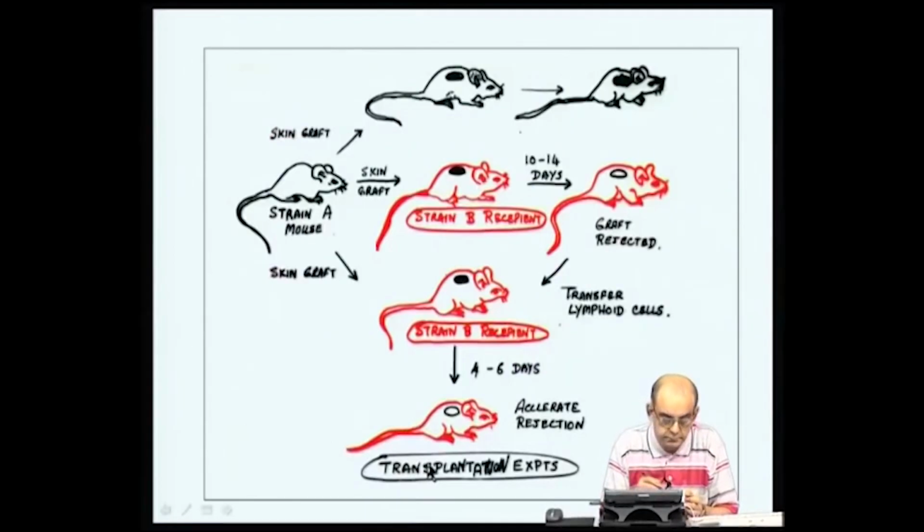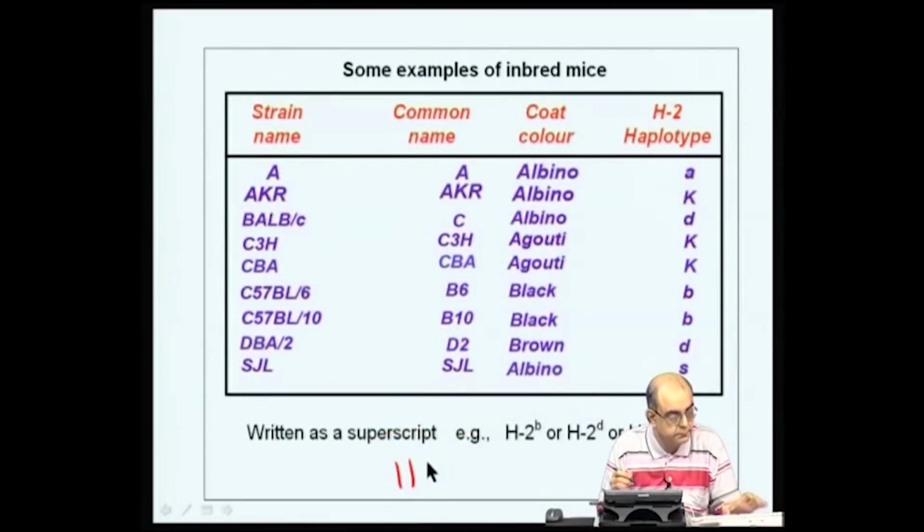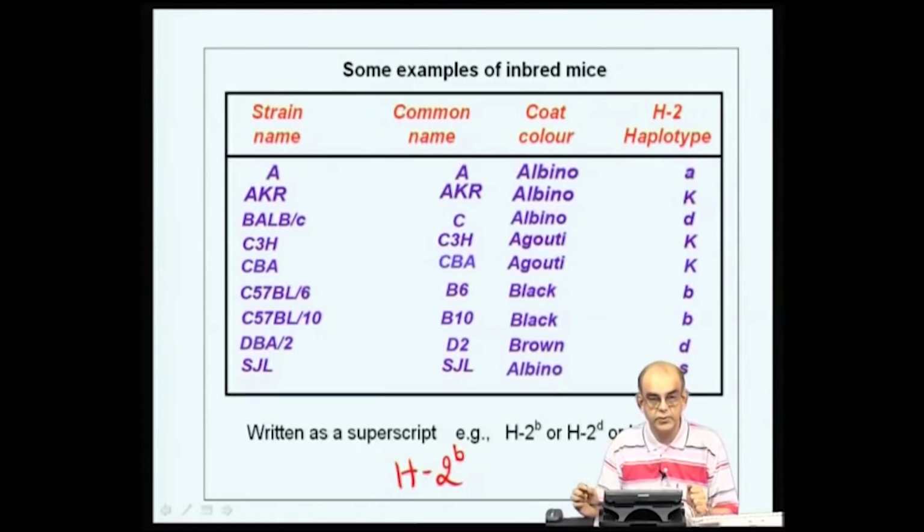by writing H dash 2 and you put a superscript just by the side of H2. These alphabets were actually named or derived as the breeding process went on.